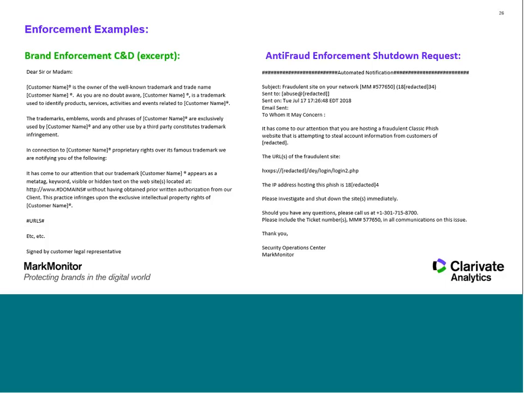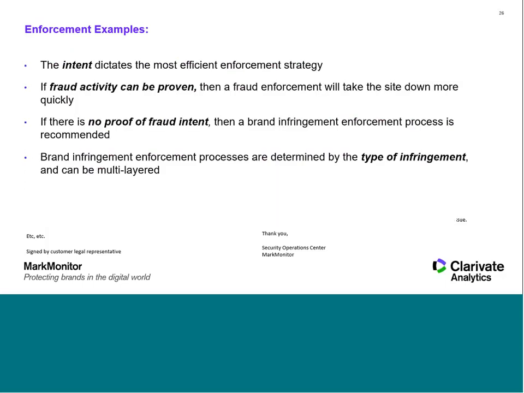Excellent. Thank you, Dustin. So let's recap what we've reviewed. We've talked about the importance of determining intent when evaluating an infringement. Intent can help us understand if we should utilize a fraud enforcement, which can generally come down more quickly since it's criminal. And the MarkMonitor SOC has about a 6 to 10 hour median shutdown time for phishing sites.